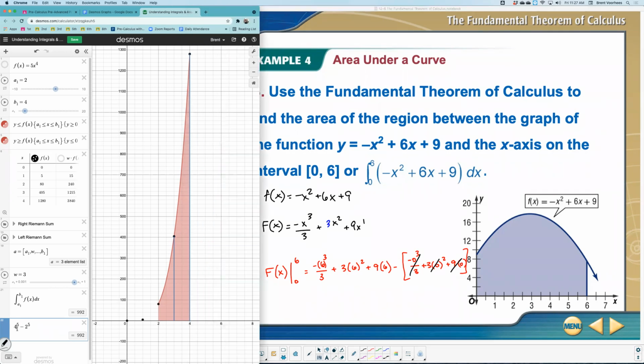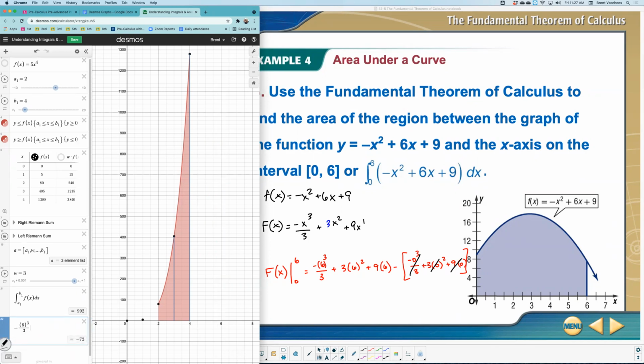Let's see what we get first, by typing in what we think that algebra should look like, and we'll test our work. Divided by 3, plus 3 times 6 squared, plus 9 times 6. This is giving me 90.